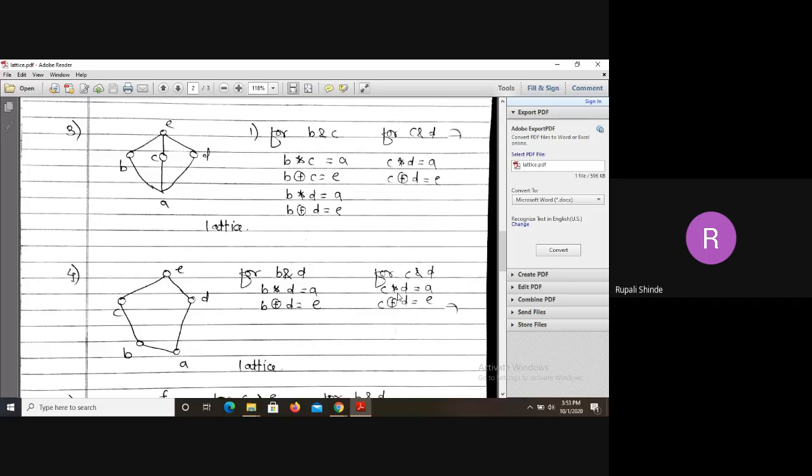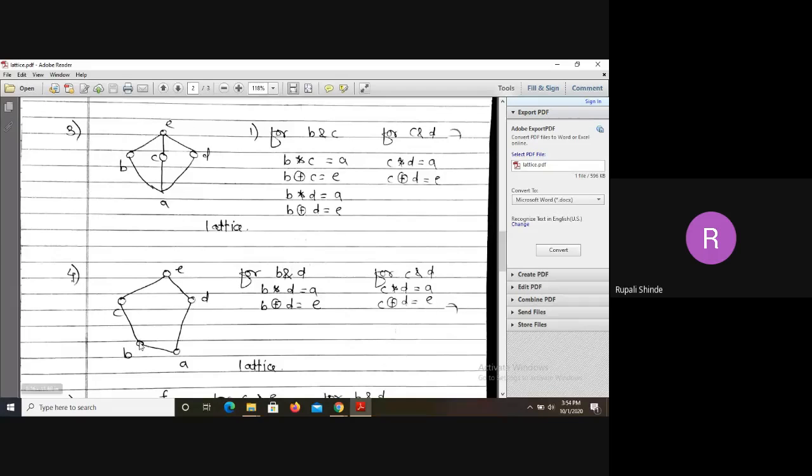So the greatest lower bound for these two elements is A, represented here as C star D. And the least upper bound: again, we have to check for the upper element in which these two elements are meeting. C and D are meeting at one single point, and that is E. That's why the least upper bound of C and D is E.